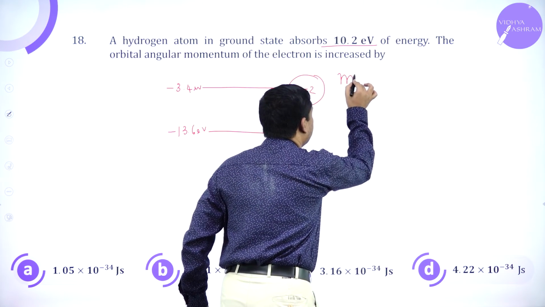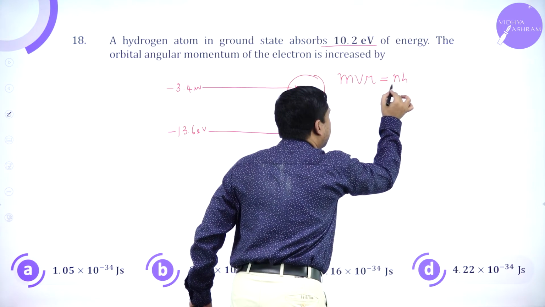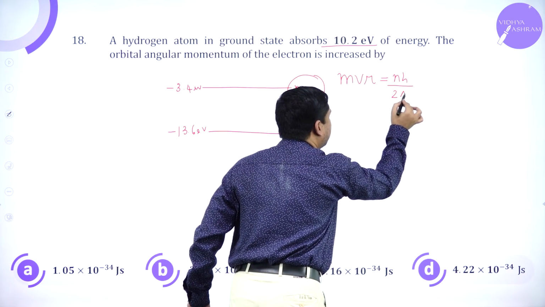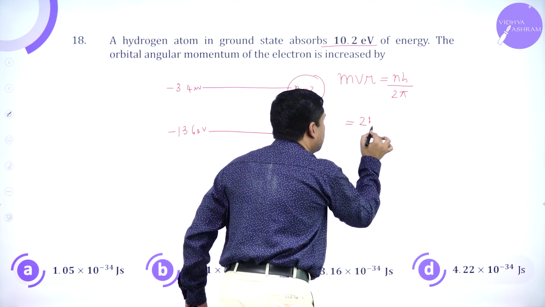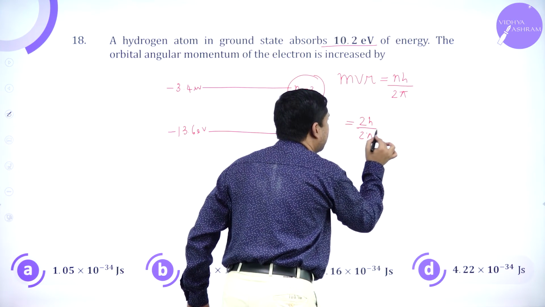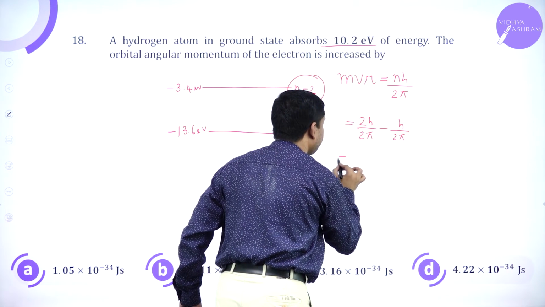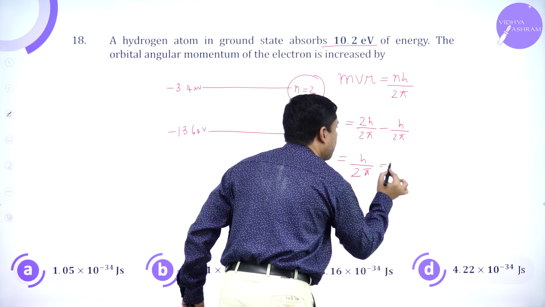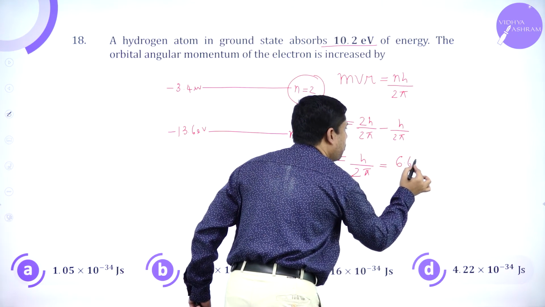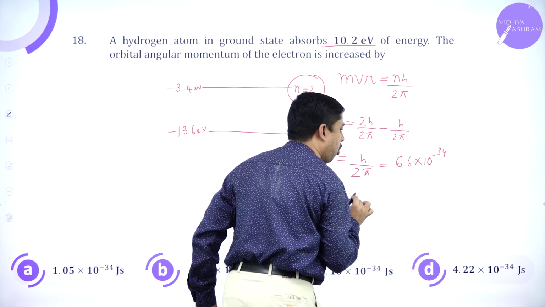By Bohr's rule, angular momentum is nh by 2 pi. So it is in the second state now. 2h by 2 pi minus h by 2 pi, h divided by 2 pi, nearly 6.6 into 10 power minus 34 divided by 2 into 3.14.